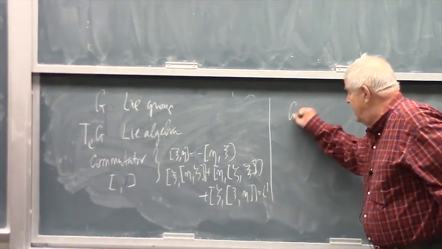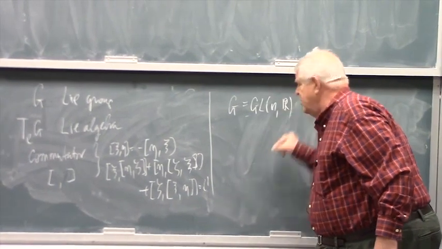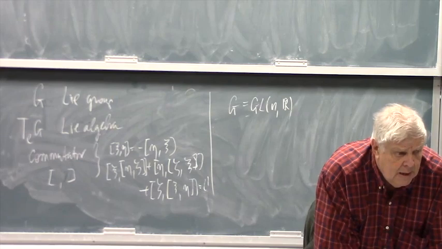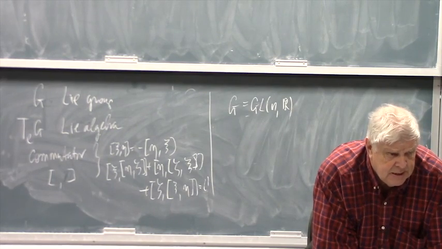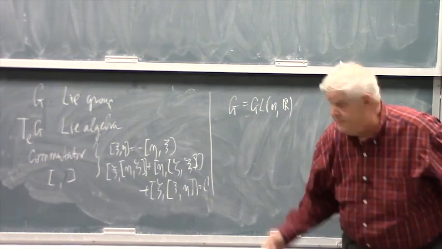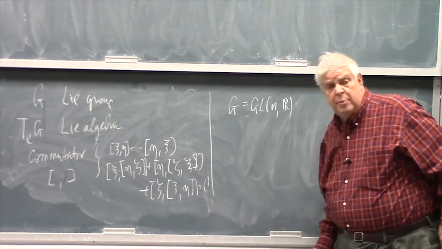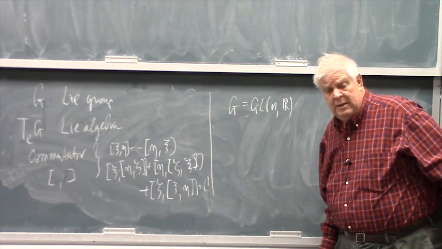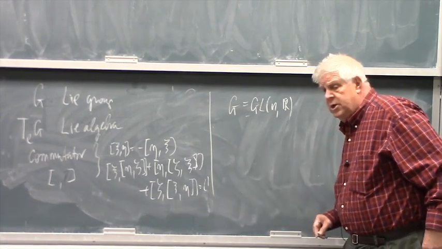So, example. Say GL_n(R); GL_n(C) will be absolutely the same. In many respects, this is the most important example, because what I'm going to say about this Lie group will immediately be true for subgroups.